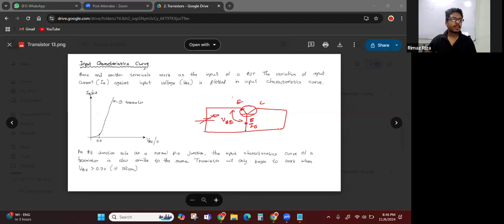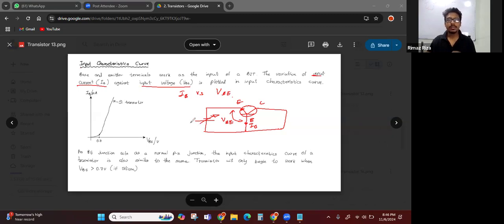So input characteristic curve is the variation of IB versus VBE. So input current IB against input voltage VBE. How the input current varies with the input voltage. Okay. So this input characteristic curve is very similar to a PN junction or a diode.